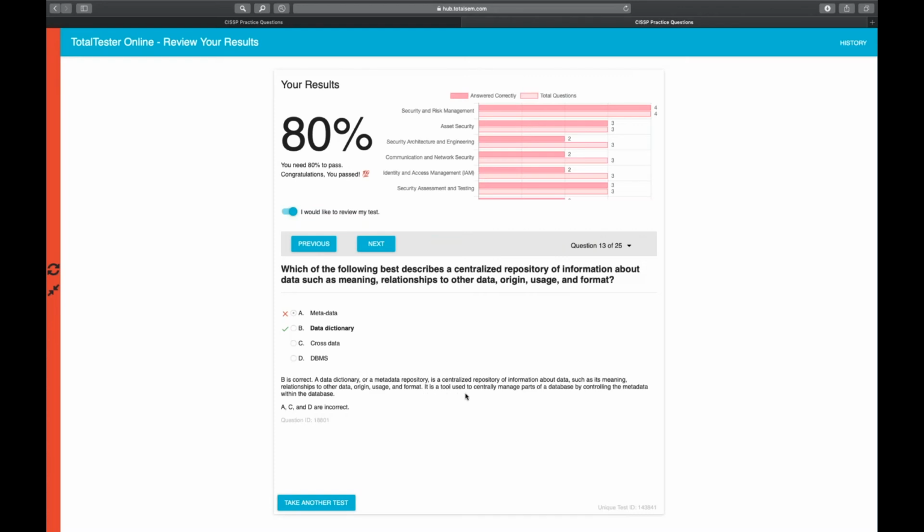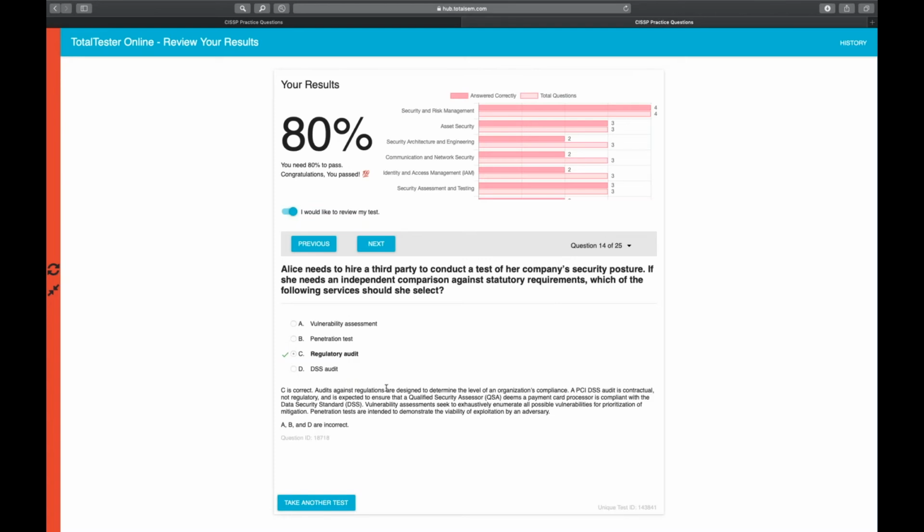It is a tool used to centrally manage parts of a database by controlling the metadata within the database. Yeah, metadata is our key word here, but for some reason they don't put a dash in between meta and data, as if that makes a difference. But guess what we learn here is a data dictionary. Goodness, I'm used to referring to that as a metadata repository.